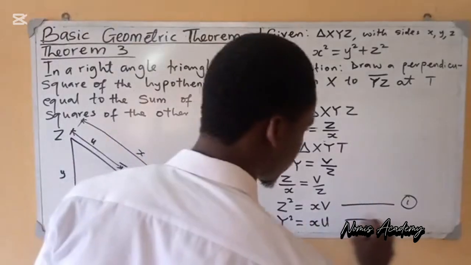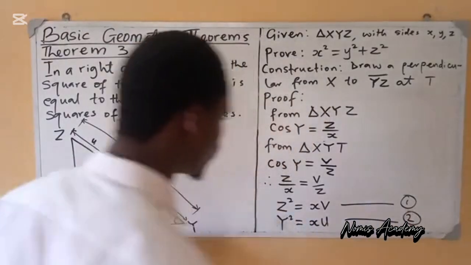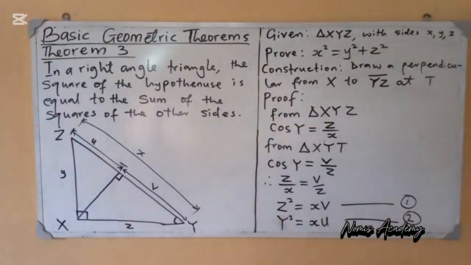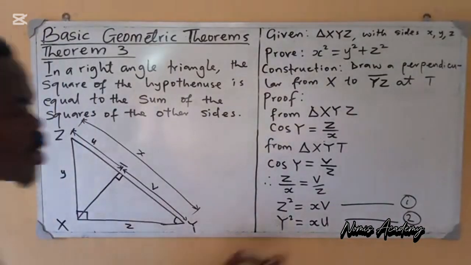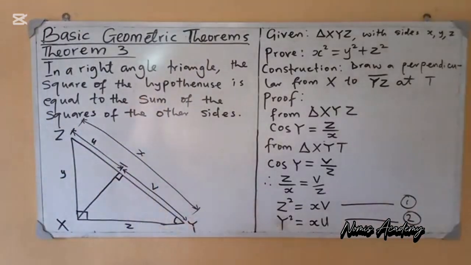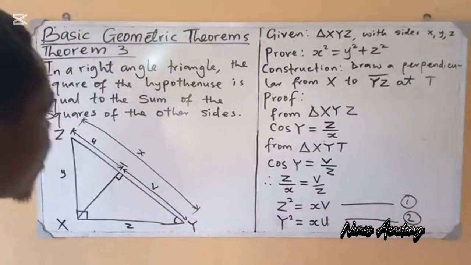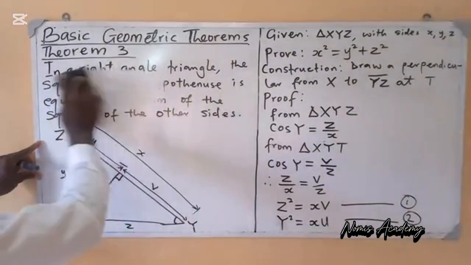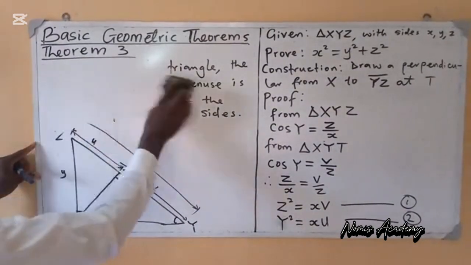So we take this as equation 2. Alright, so since we have equation 1 and equation 2, let's add the two equations together. Let me clean the other side of the board so we continue from there.